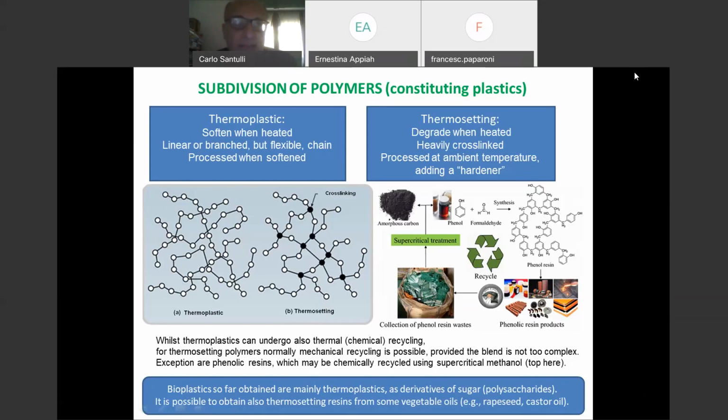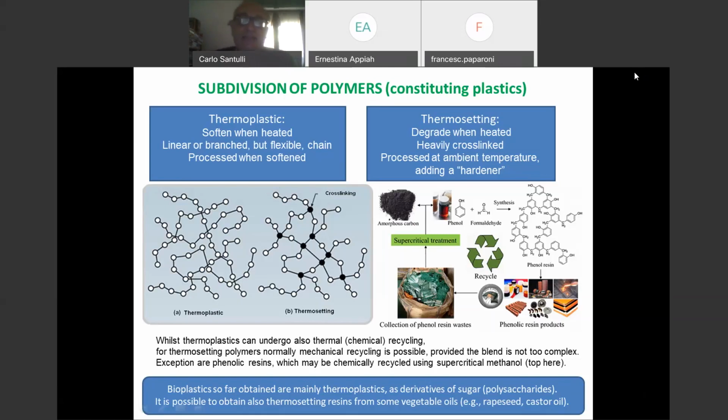Instead of using, for example, phenol or epoxy, you can produce bio-epoxy, or thermosetting polyurethanes, also using this kind of oil.